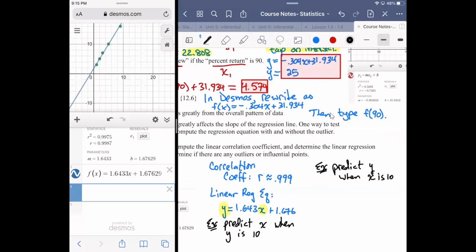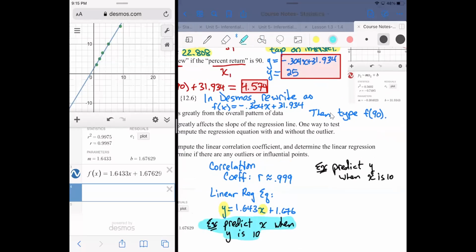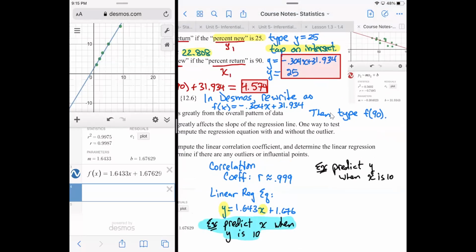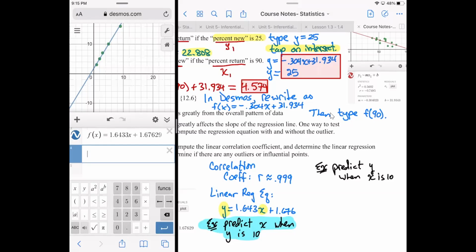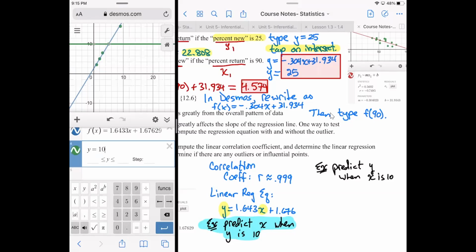So to handle this one, highlighting it in this blue color, this guy. If I'm looking for an x value when I know the y value, what I do is I type in the y value as y equals whatever it is. Y is 10. So I type in y is equal to 10.